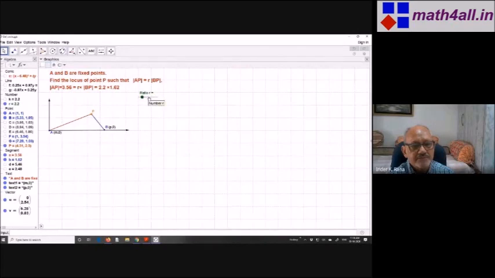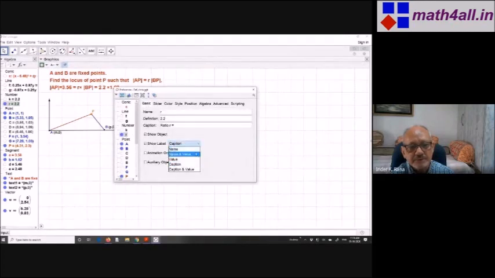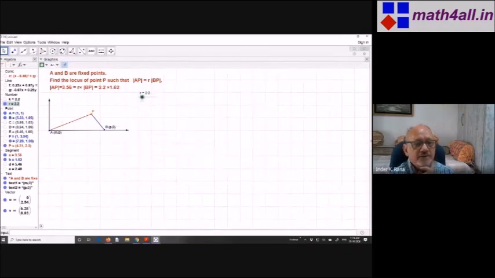Why is it not visible here? The number R, show the label, object properties. Let me just change that, basic ratio R, caption, and value. Okay. Yeah. Now, so this is that ratio R, right?